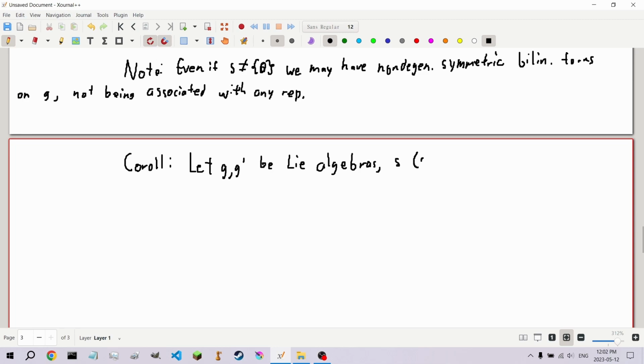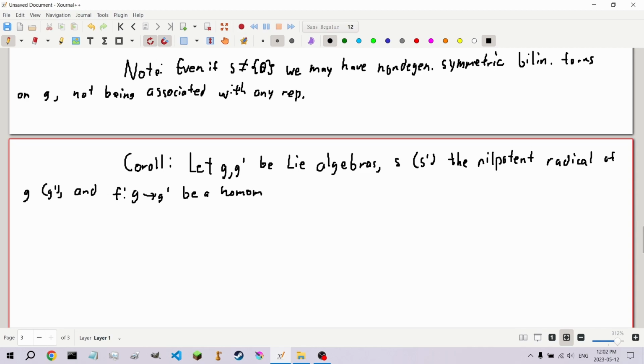S, or alternatively S prime, be the nilpotent radical of G, or alternatively G prime, and we're going to let a function f from G to G prime be a homomorphism.